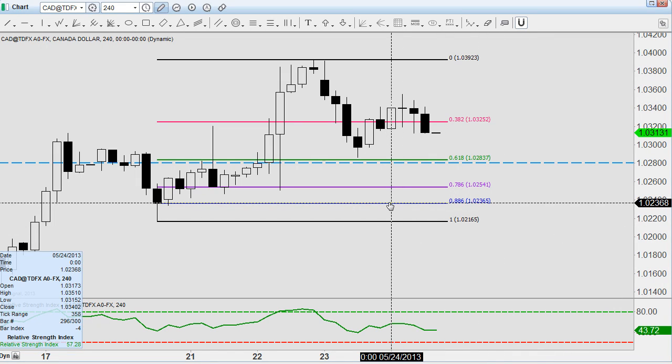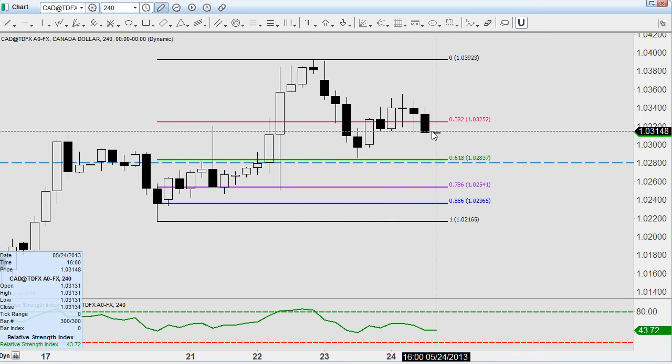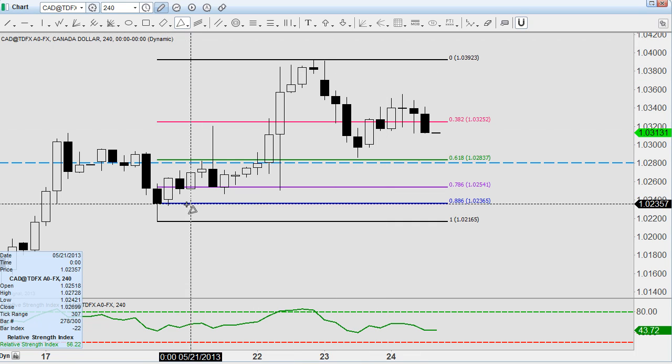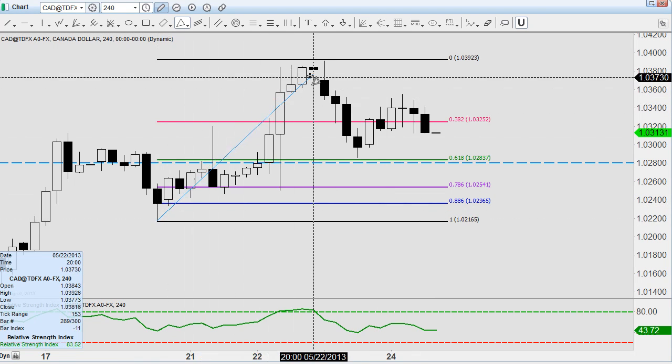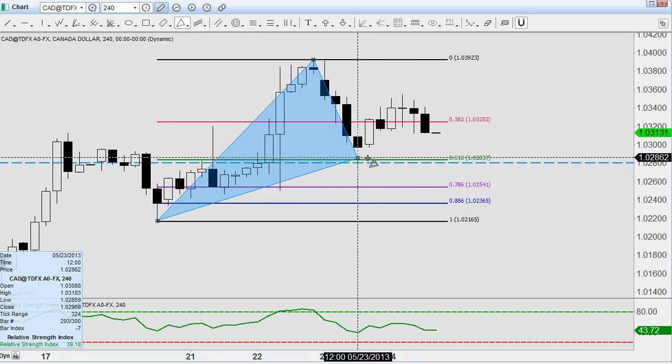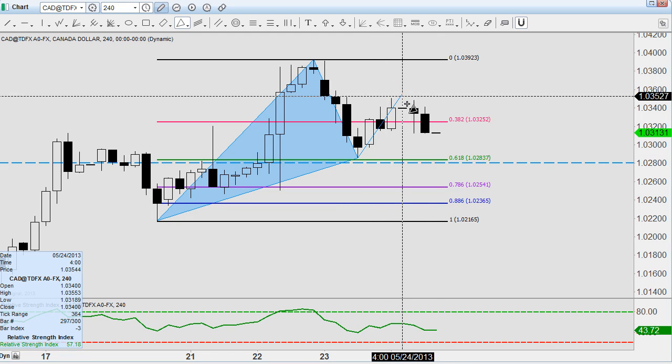What we would look for is for the market, and we don't expect it, okay? I don't know that this is what the market's going to do, but I know if it does what I'm about to show you, there's going to be a high probability buying opportunity that's going to give you an excellent risk reward. Low risk, high probability trading opportunity. What am I talking about here? Well, this is what the pattern looks like.